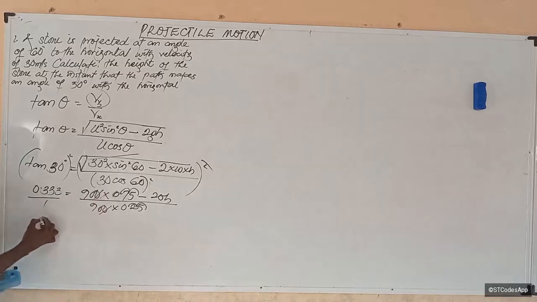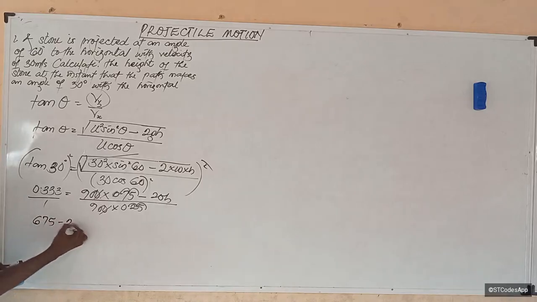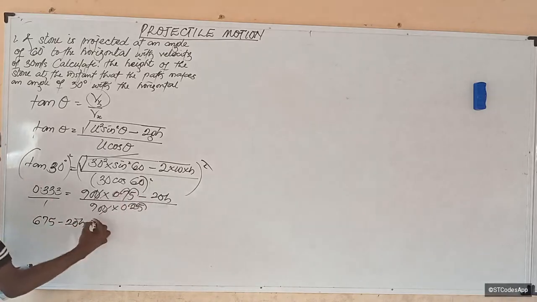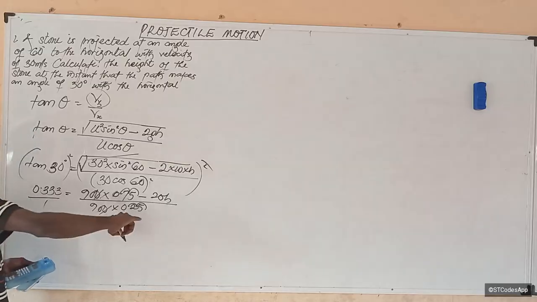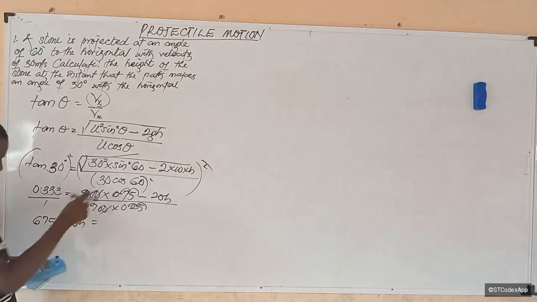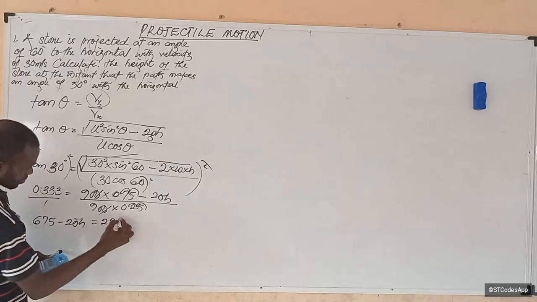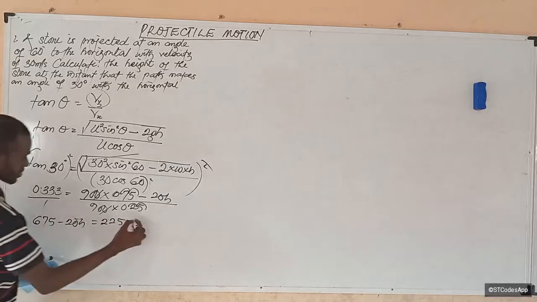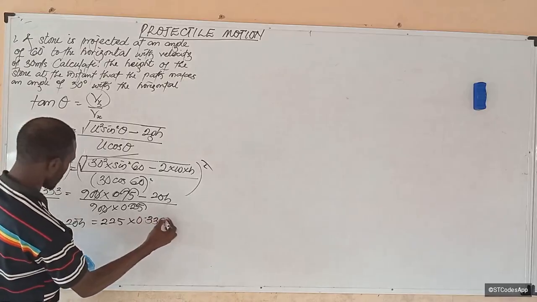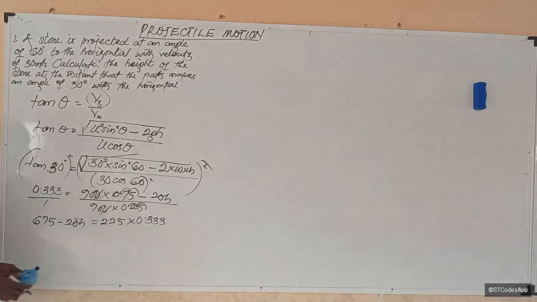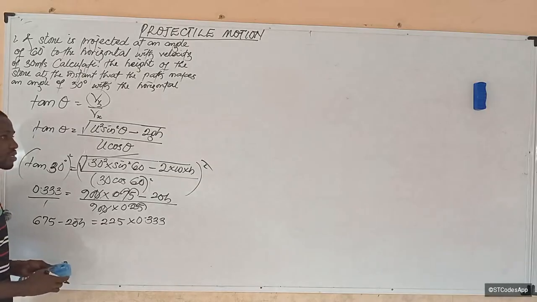So when you cross multiply, we have 675 minus 20h equal to 9 times 25, that's 225, times 0.333. So which mistake did we make? I guess this was different from what we even got.